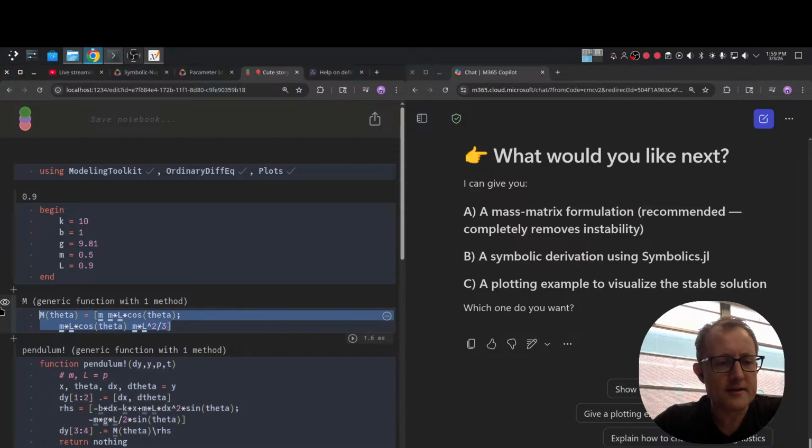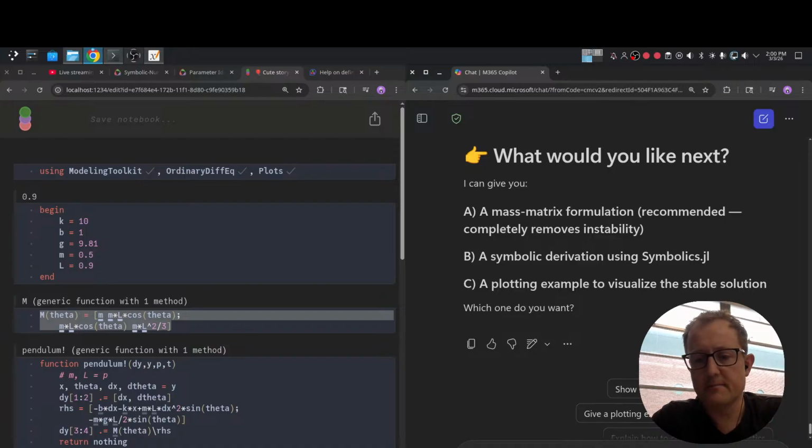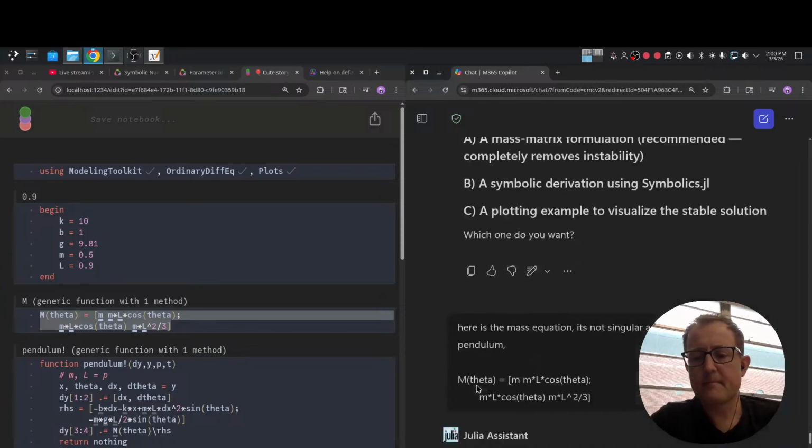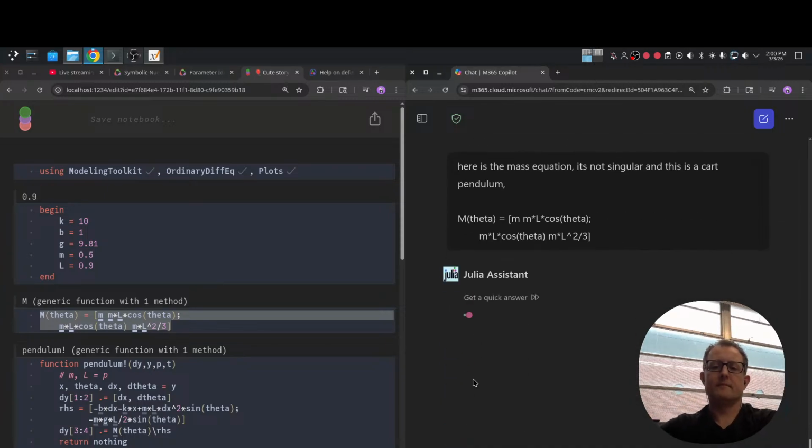Real concerned about this mass equation. Here is the mass equation. It's not singular, and this is a cart pendulum. I don't think it's singular.